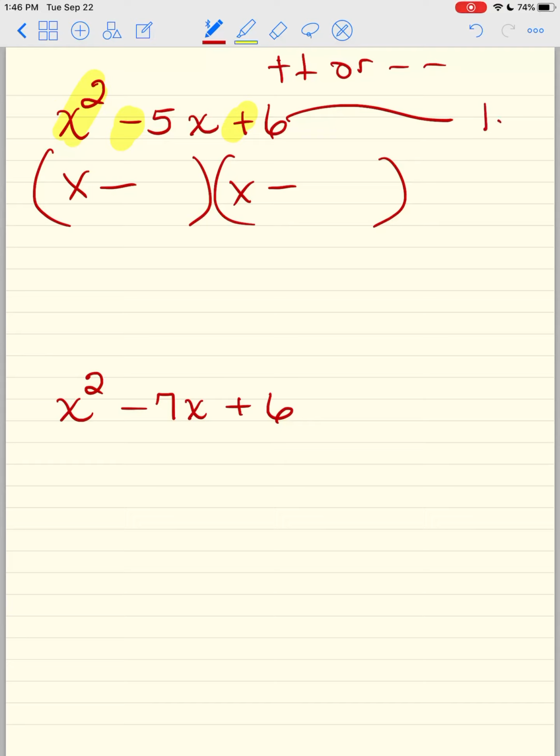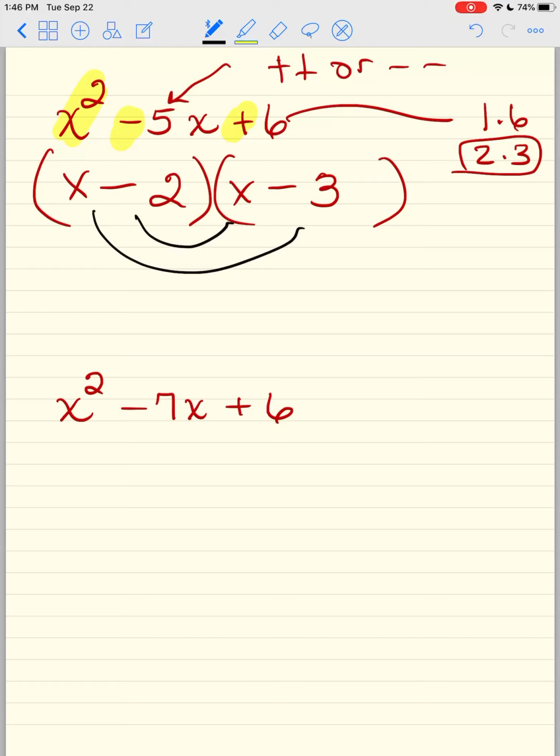What multiplies to a 6? 1 times 6 and 2 times 3. Which one am I going to choose? The one that gives me the 5. It doesn't matter if you put 2 here and 3 here. You should always check your answer. That's a negative 3. That's a negative 2. If you owe me 3x and you owe me 2x, you owe me 5x.